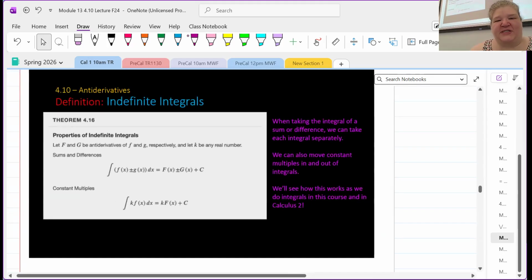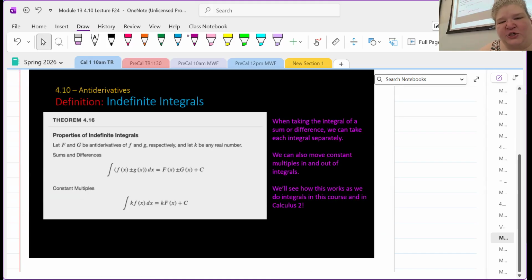Now, properties of indefinite integrals that we've already been using because we know they work with derivatives nicely: if I'm doing the antiderivative of the sum or the difference of two functions, I just do the antiderivative of each piece and then put the plus or the minus in between them. The same with the constant multiplication. We were already using these rules. This is just explicitly stating them.